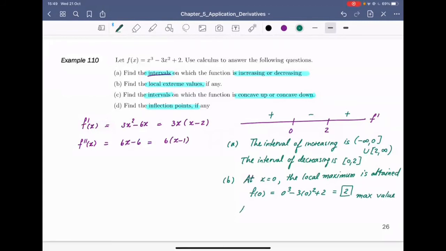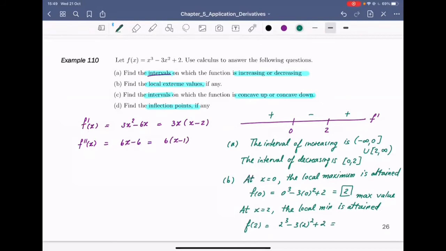All right, and then at x equal to 2, this is the local minimum. The function f has a local minimum at x equal to 2. So you can compute f(2) here. For those of you who can do this, you're going to think, oh, this section is so easy and simple.